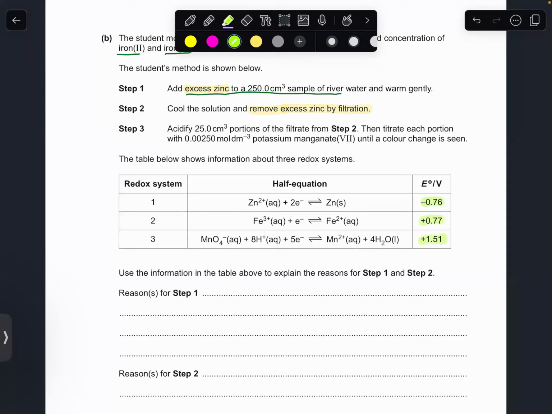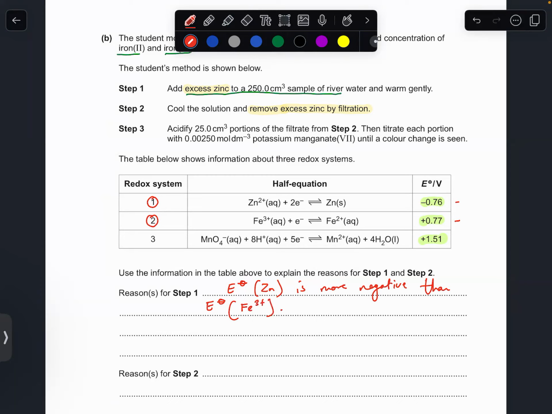By adding excess zinc, let's have a look at excess zinc. So we're using redox system 1 and redox system 2. Why is zinc added? You see the electrode potential of zinc, if you compare these 2 values, this one is more negative than the electrode potential of the Fe3+.